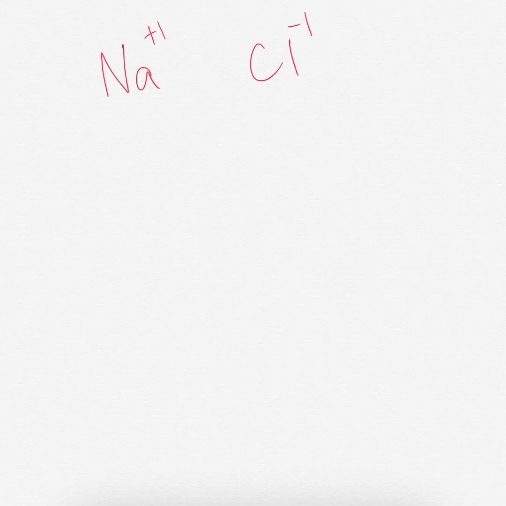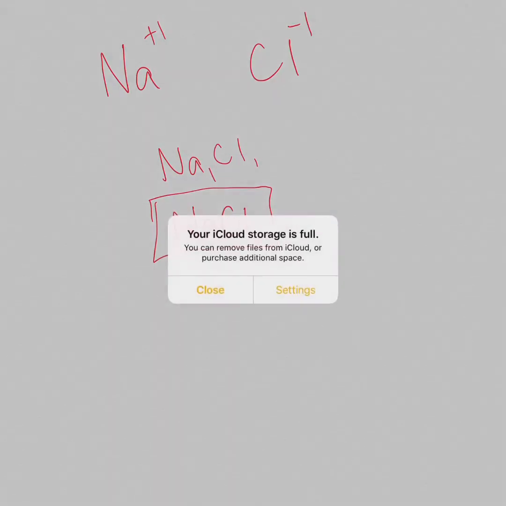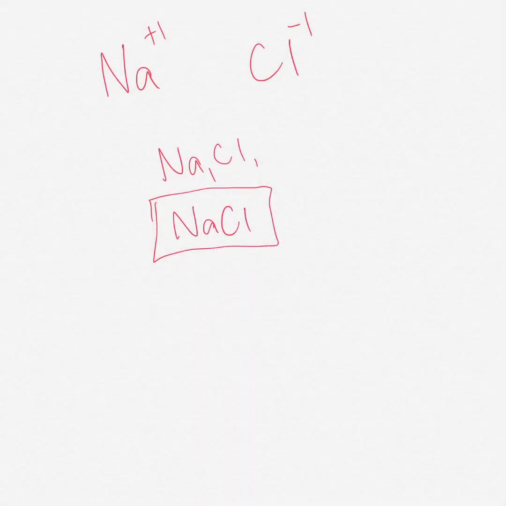Sodium's in group 1, so it's a +1 charge. Chlorine's in group 7, that's a -1 charge. If I swap and drop, I end up getting Na1Cl1, and you don't have to write the ones, you can just write it NaCl. If you want to write the ones, you can for now, but on the test it probably will not have that. So that's the first step.